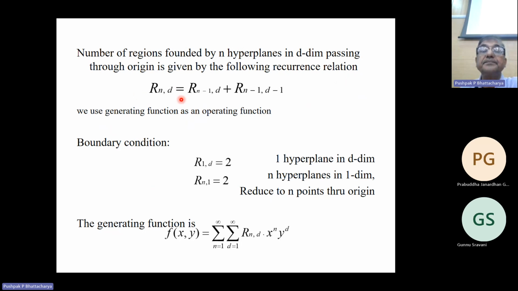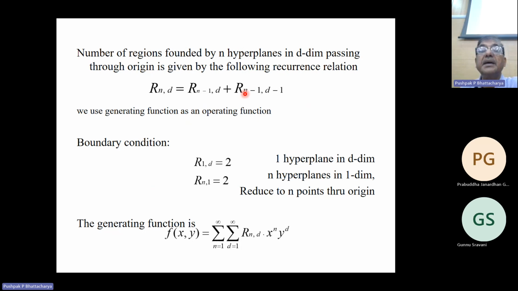R(n, d) is equal to R(n-1, d) plus R(n-1, d-1). So R(n, d) is the number of regions produced by n hyperplanes in d dimensions, which must be equal to the number of regions produced by the existing n minus 1 hyperplanes in d dimensions plus the additional regions produced by the incoming hyperplane.